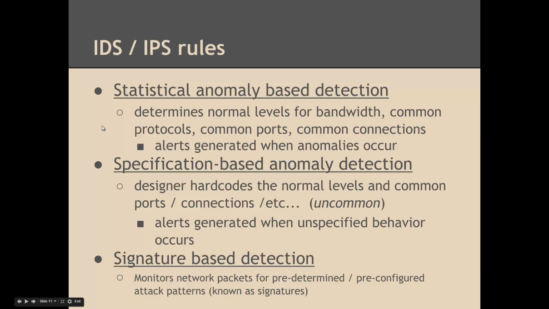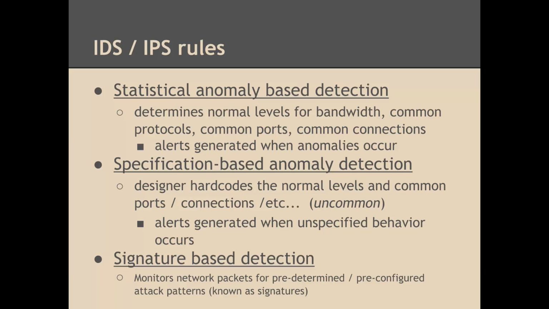And then there's also anomaly-based detection, and the two worth talking about are statistical-based anomaly detection and specification-based. Specification-based is summed up best by a rule saying if the amount of peer-to-peer traffic exceeds 10% of all the traffic on the network, log that event or take this action.